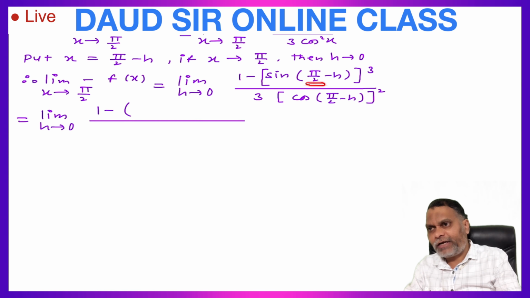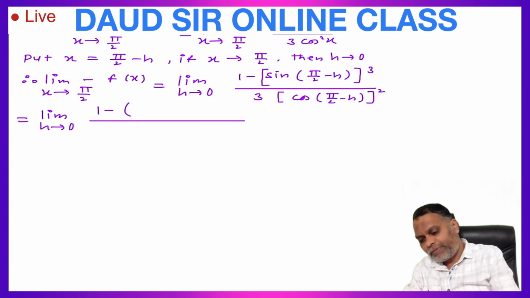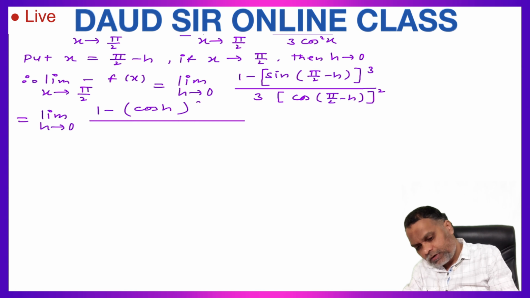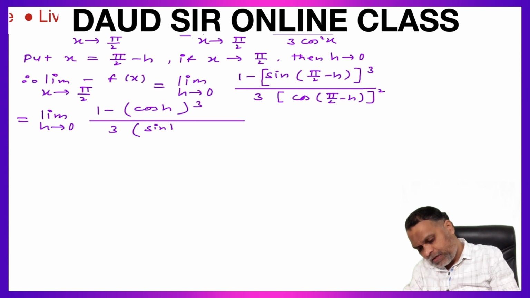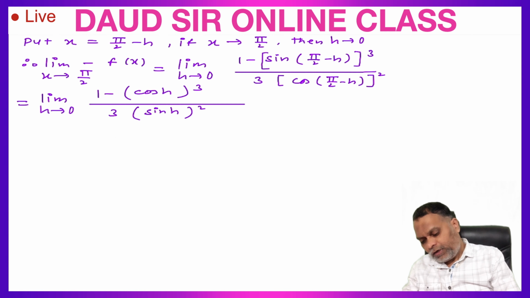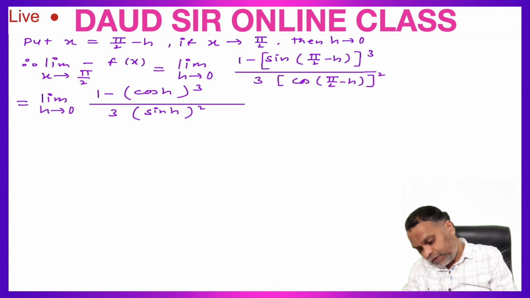And in case of 90, we have to change sin to cos. So sin of (pi by 2 minus h) will become cos h. Cos h whole cube, and denominator this 3. And again, cos of (90 minus theta), cos of (pi by 2 minus h) will become sin h whole square.